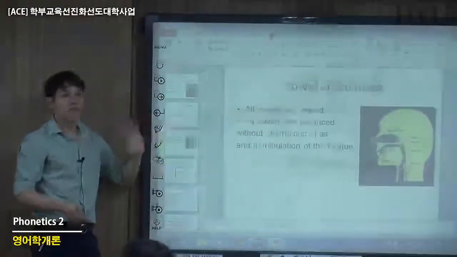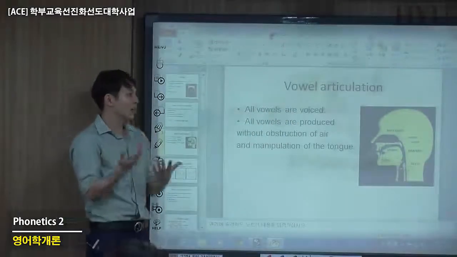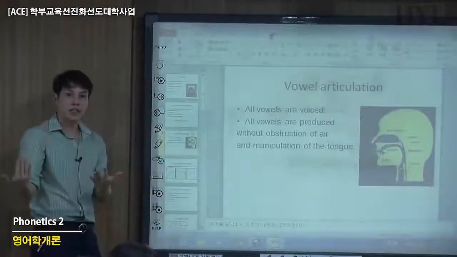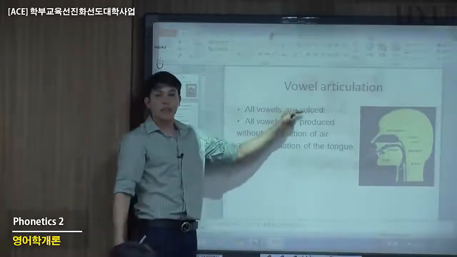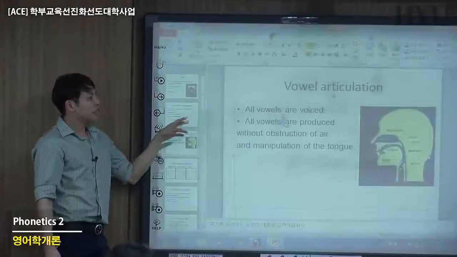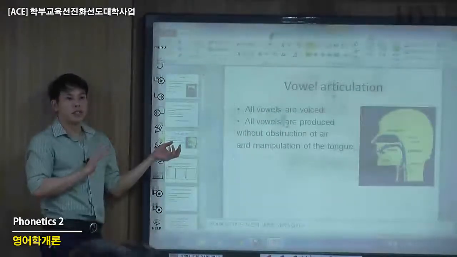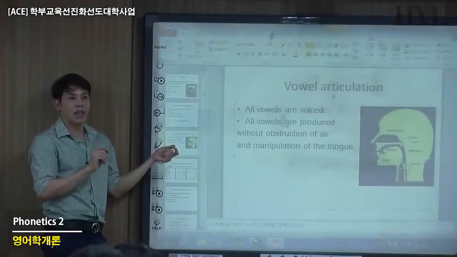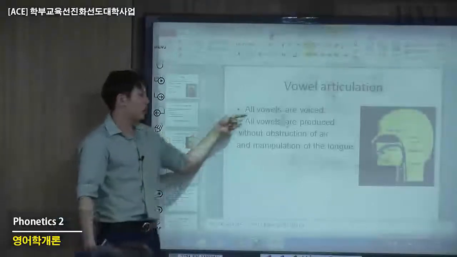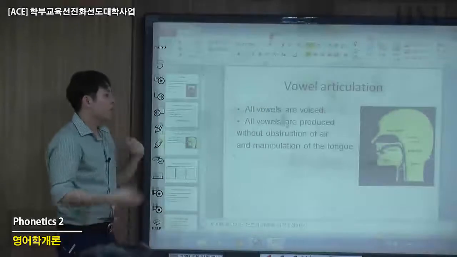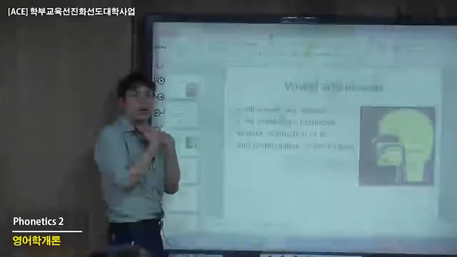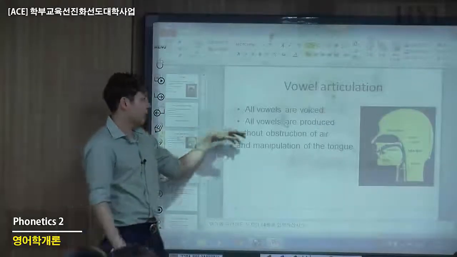This is different from consonants, because some consonants are voiced, some are voiceless, right? But all vowel sounds are voiced. So we don't use voicing as the descriptor for vowels, because all of them are voiced. Which means that your vocal cords will vibrate all the time when you pronounce vowel sounds.